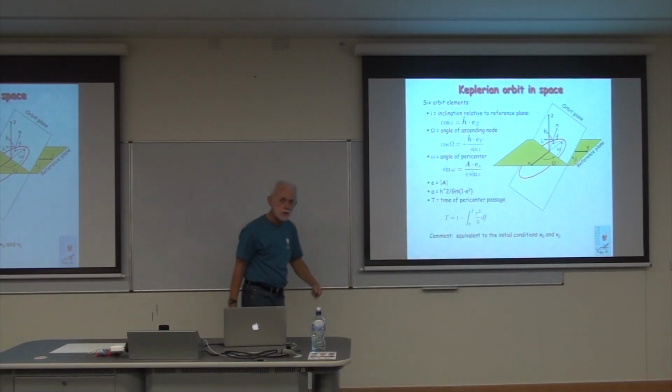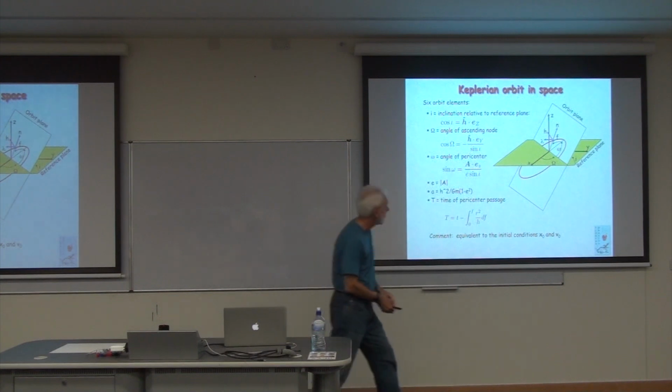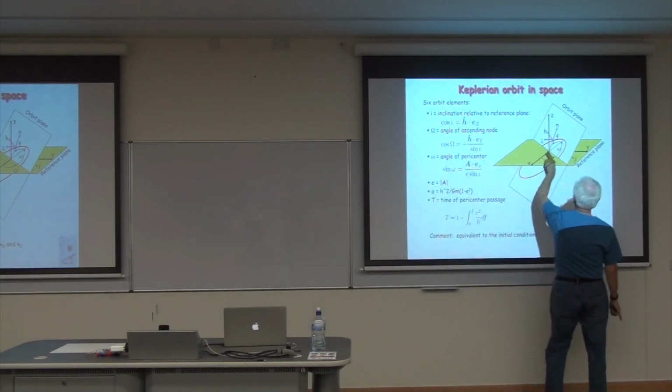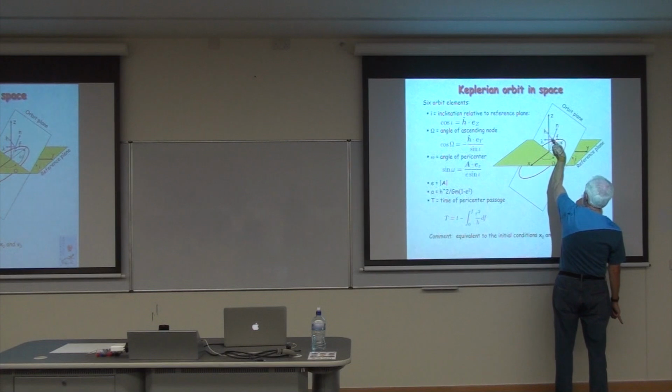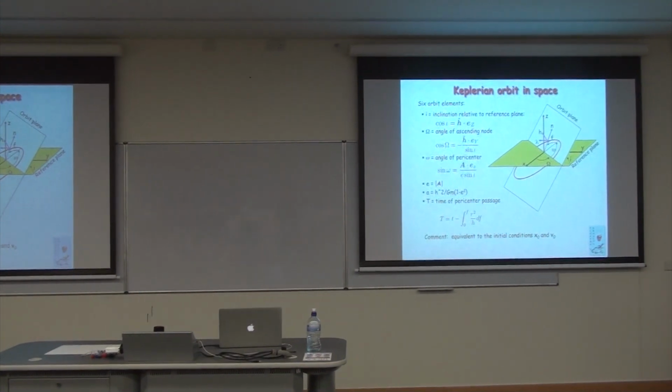Another way of stating it is that the angular momentum h of our Keplerian orbit, which is perpendicular to the orbital plane by definition, if you take the dot product between that and the z-axis, that's just the cosine of the inclination. There's z, and there's h pointing in this direction, so cos I, and that's I. That defines the inclination of the orbit.